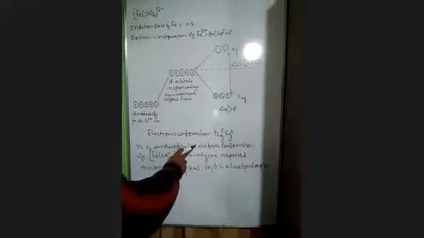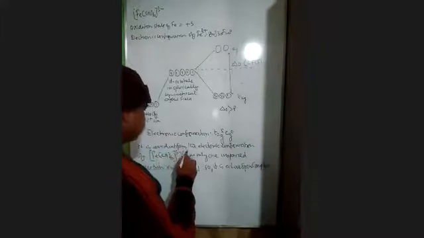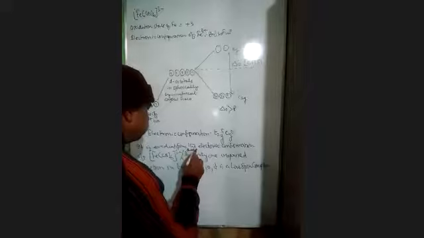It is evident from the electronic configuration of Fe(CN)6 3- that it has one unpaired electron. So please correct it.